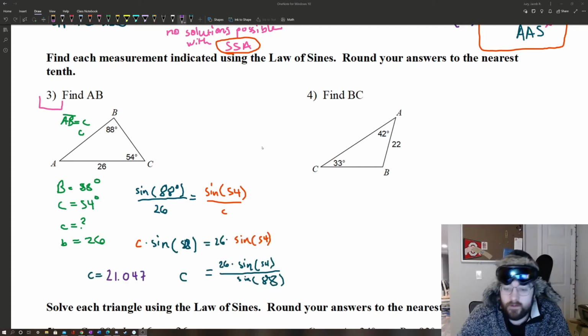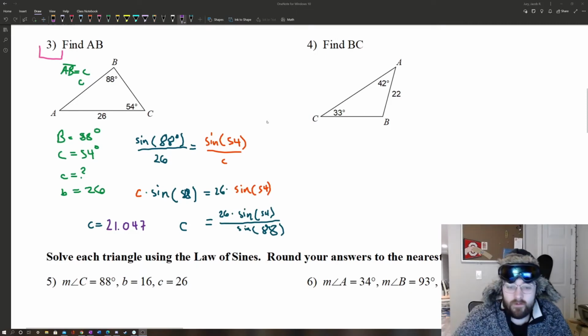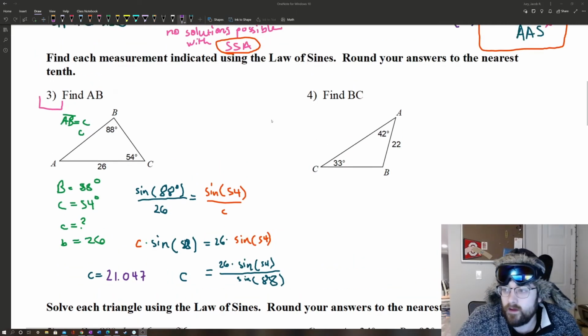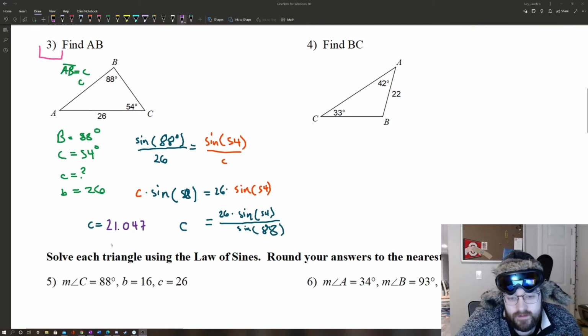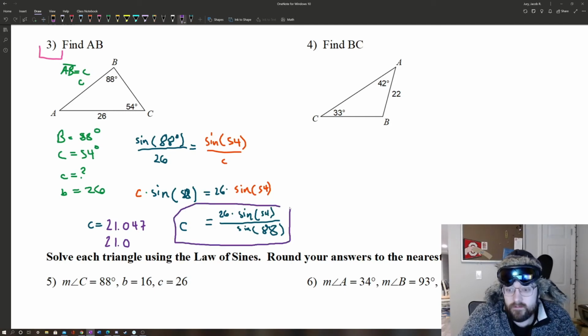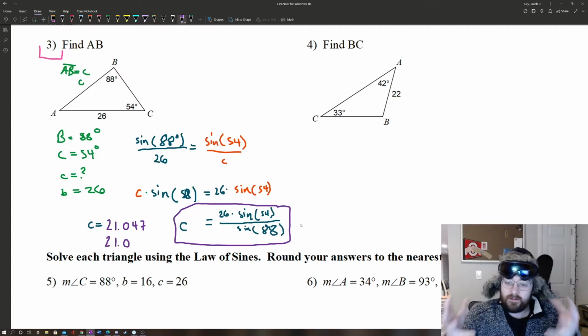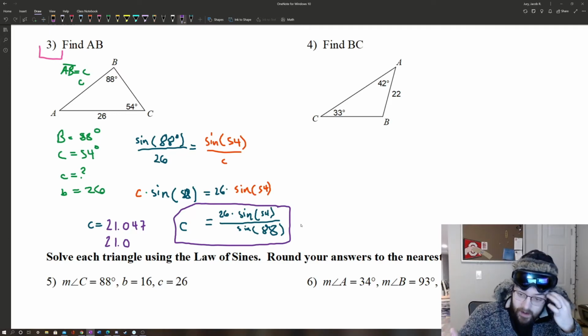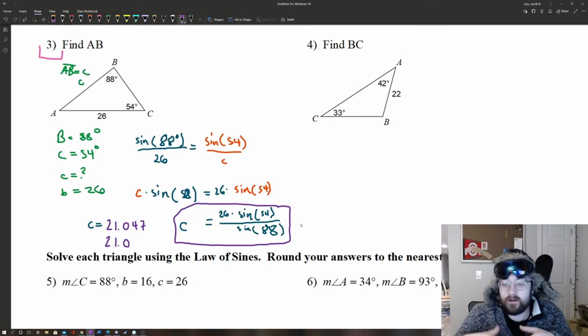Right, so this is what I got for my answer. I got 21.047. Nearest tenth would be just 21.0. And it's really important when you evaluate these to leave the answer not worked out until the very end, so that when you plug it all into your calculator, like if you don't have a calculator, Desmos actually isn't really a great thing to use because it only takes degrees in radians.